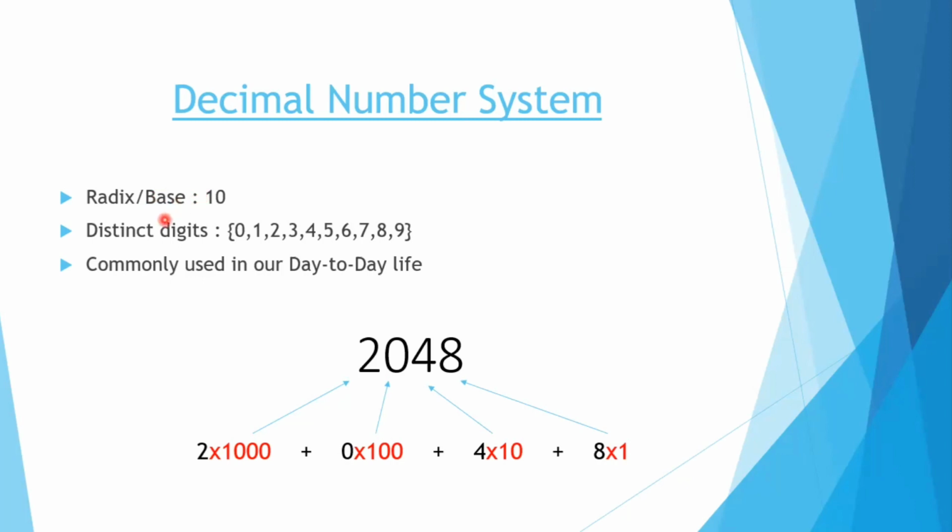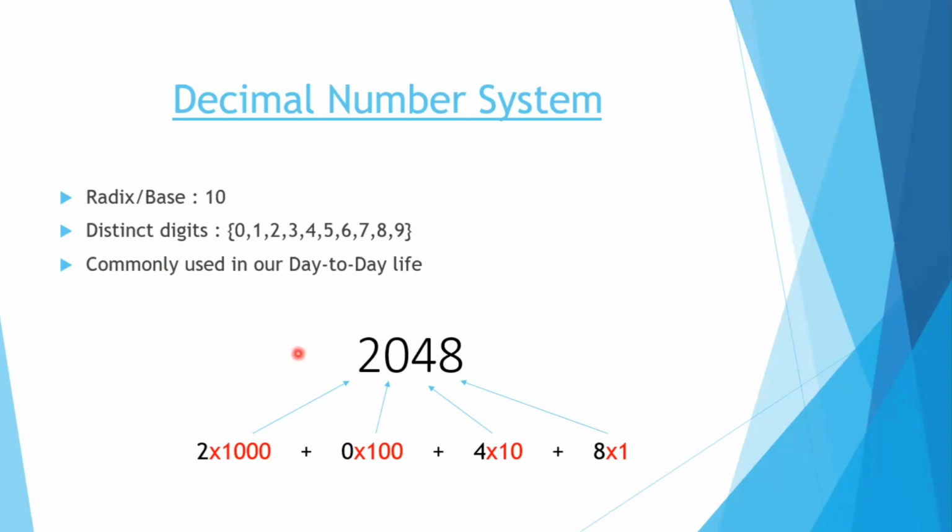The distinct digits used in the decimal number system are 0, 1, 2, 3, and so on till 9. So there are 10 distinct digits, so the base is 10. And as we all know, it is commonly used in our day-to-day lives. It's like the first number system we were introduced to.